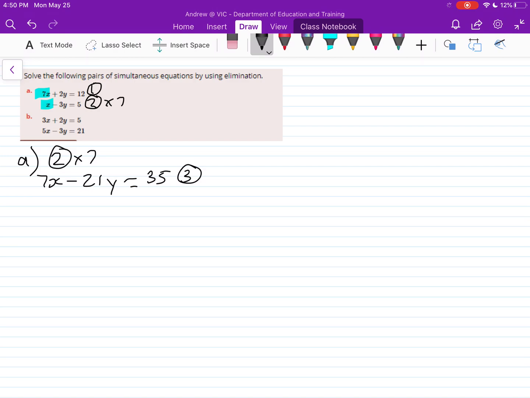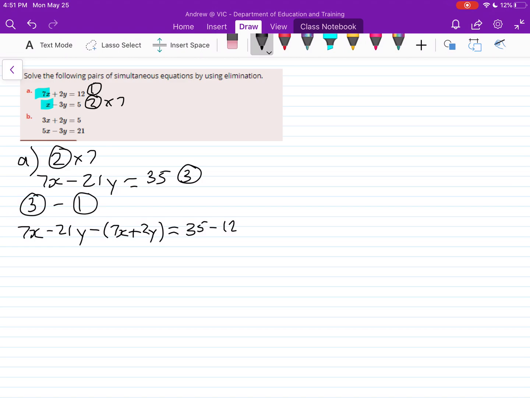Now we've got 7x's there, so I'm going to take equation 3 and minus equation 1 from it to cancel out our 7x's. I'm going to write equation 3 first, 7x minus 21y, and we're going to be minusing all of equation 1, which is 7x plus 2y, and this is going to equal 35 minus 12.